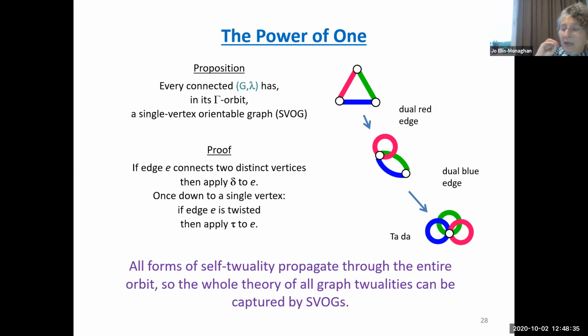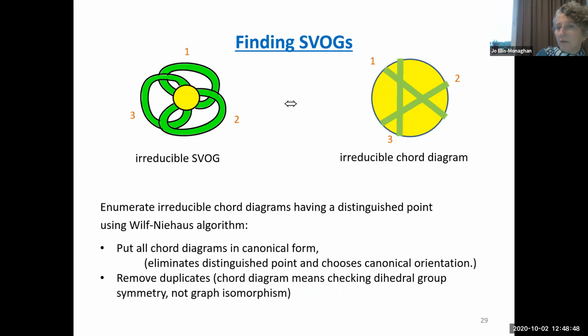So if you can identify the self-dualities in those single vertex graphs, you know all of the self-dualities in the entire orbit. And that is the lovely thing, because finding self-dualities in single vertex graphs means just dealing with chord diagrams, which reduces the isomorphism problem to just looking at dihedral groups, symmetries of the dihedral group.